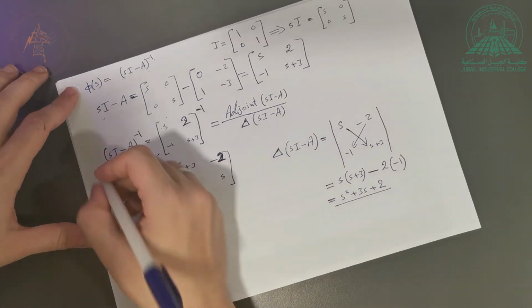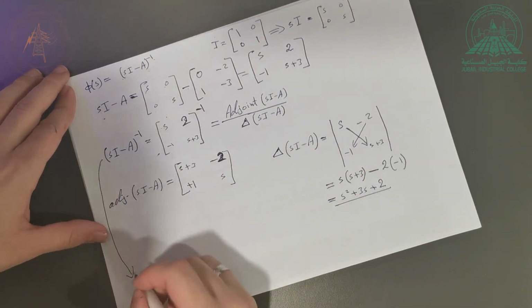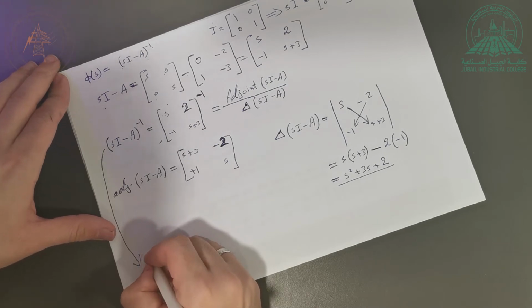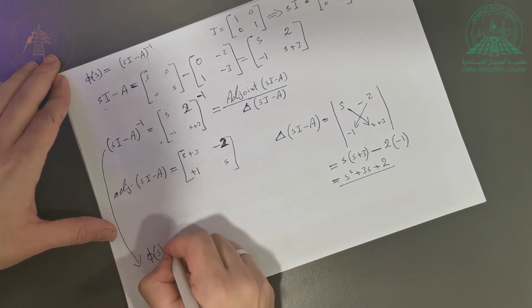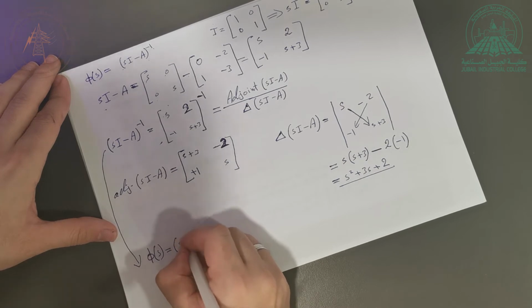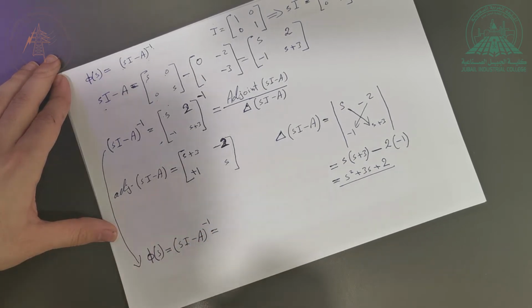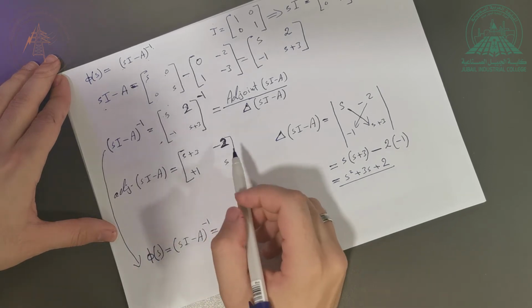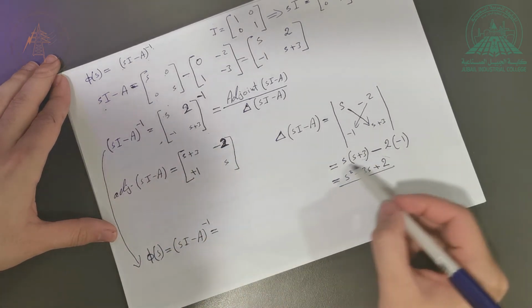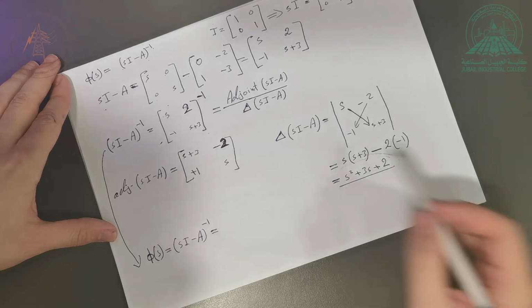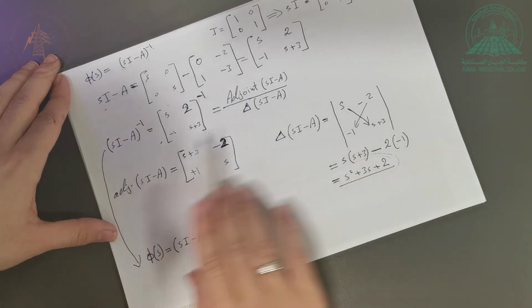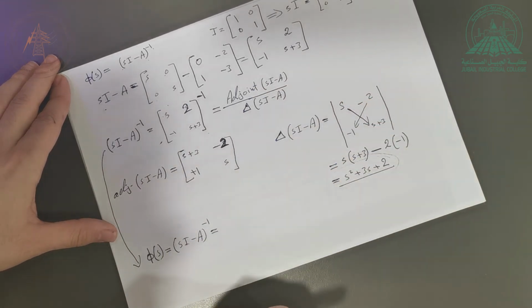So that means phi of s, which is the inverse of sI minus A, is equal to the adjoint divided by the determinant.